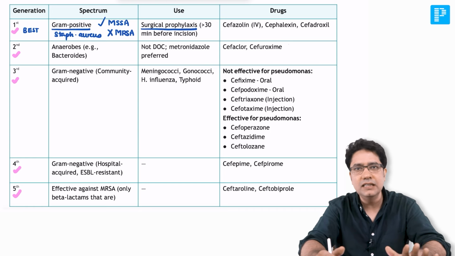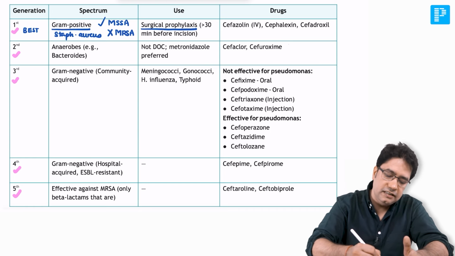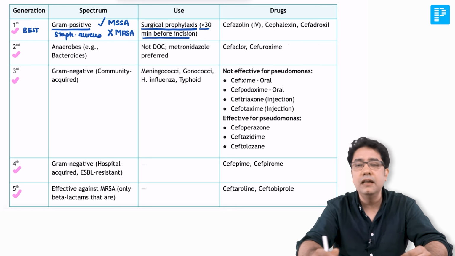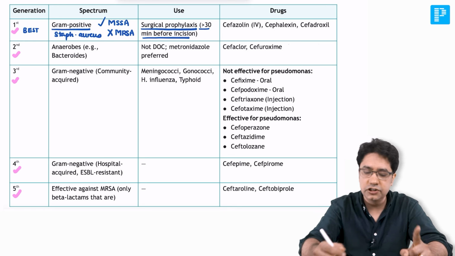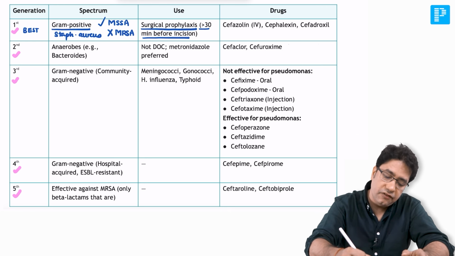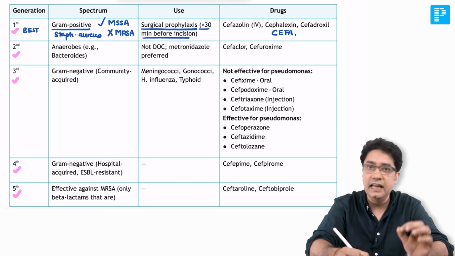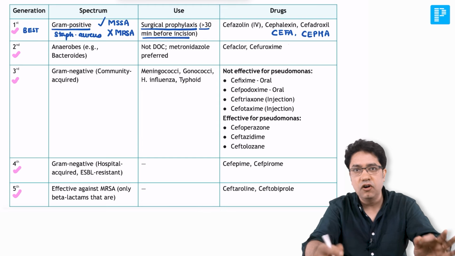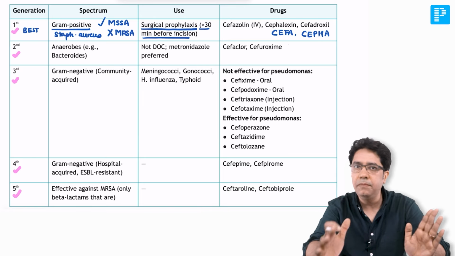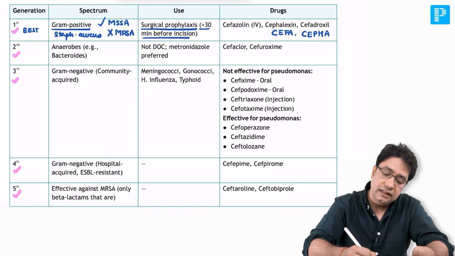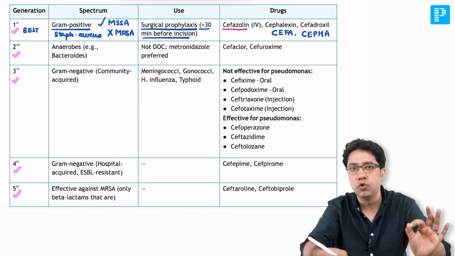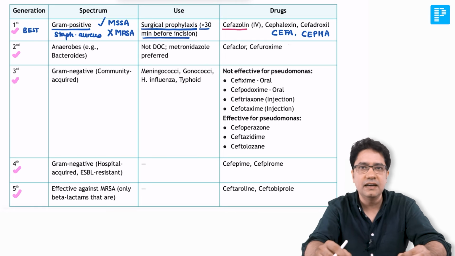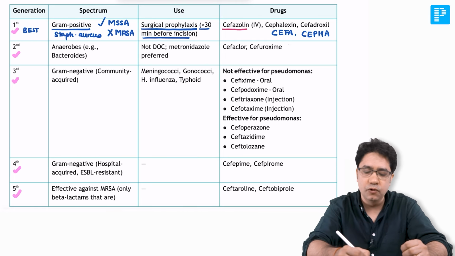They are given at least 30 minutes before skin incision. Now, how to remember the names of first generation cephalosporins? They will start with Cepha, which may contain Fa, or Cepha that contains PHA. So if I ask you about a drug known as Cefoperazone, you will mark it as first generation cephalosporin.